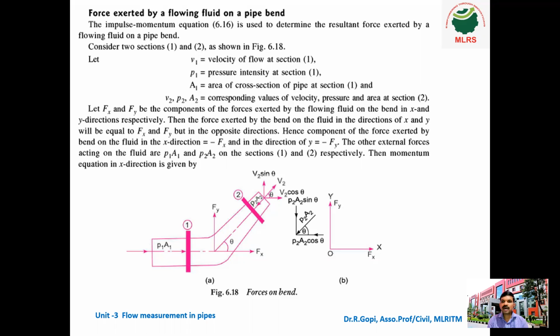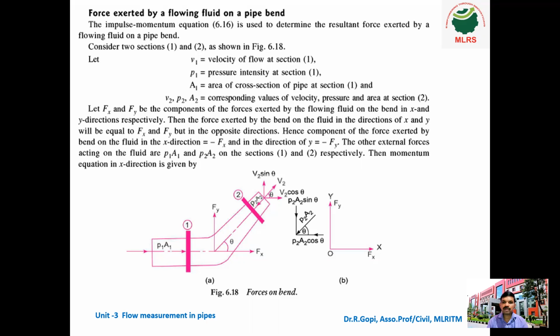This topic is highly helpful for the design of bends and elbows, which must withstand that high load, high force. If the fluid is flowing in a horizontal or vertical pipe, nothing happens, no problem.